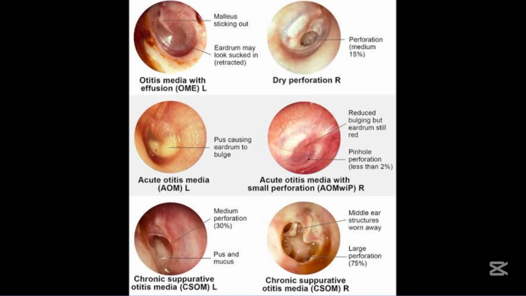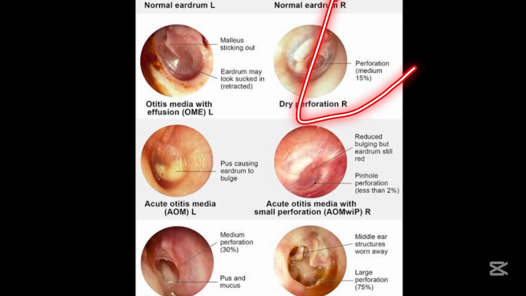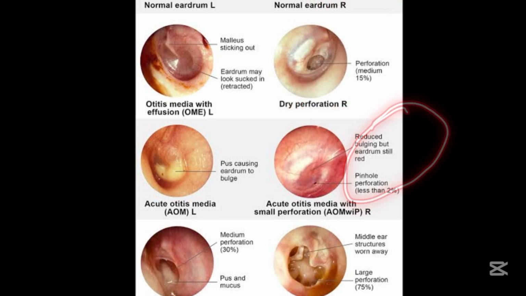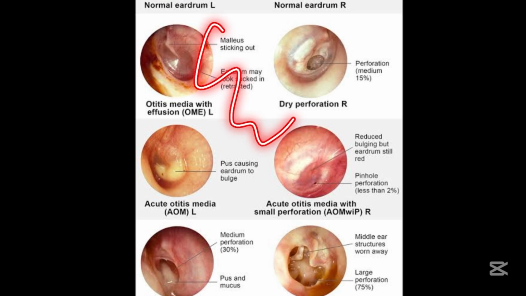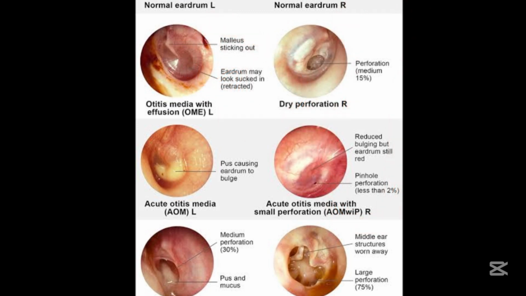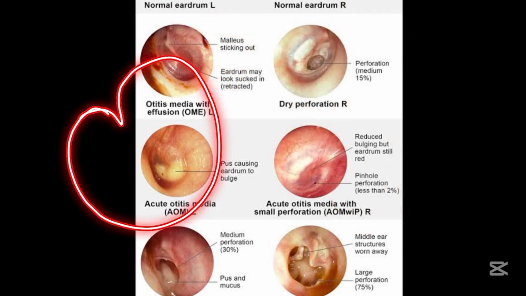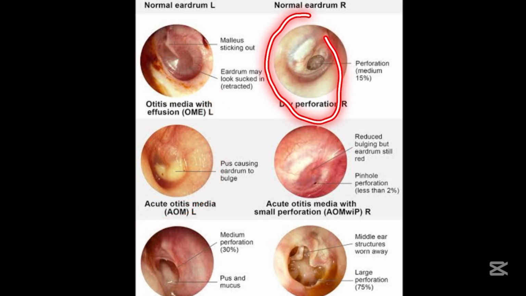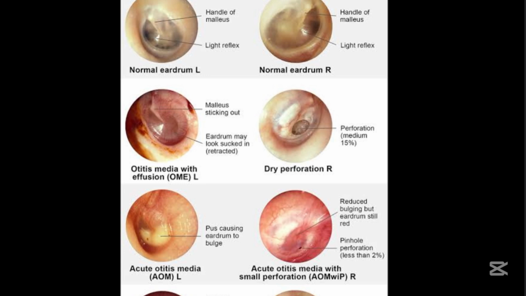Now we will notice the shape of perforation. The shape of perforation can be triangular, oval, or irregularly shaped. The perforation can be of kidney shape, and it can also be of heart shape. It can be the shape of a tear. So these are different shapes of the perforation.